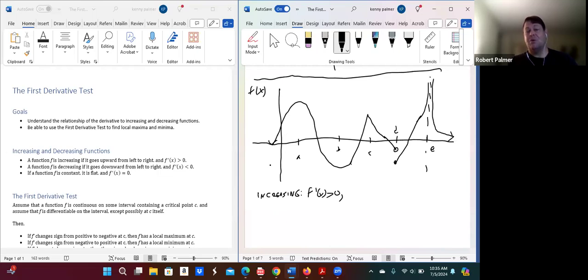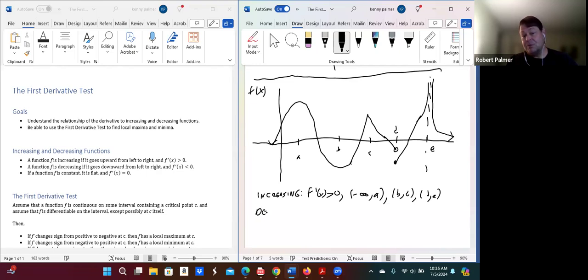Think about a roller coaster: you're going uphill, from negative infinity to A. Also from B to C. And with increasing and decreasing, we don't include the endpoints. And then where else is it increasing? From D to E, and so forth. That's where it's increasing, where it's going uphill.